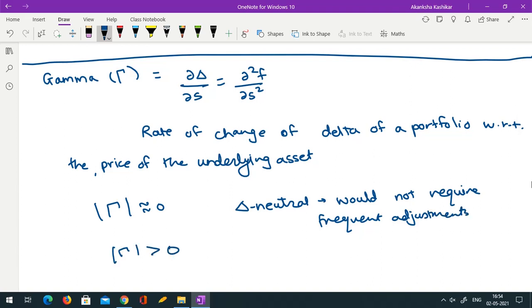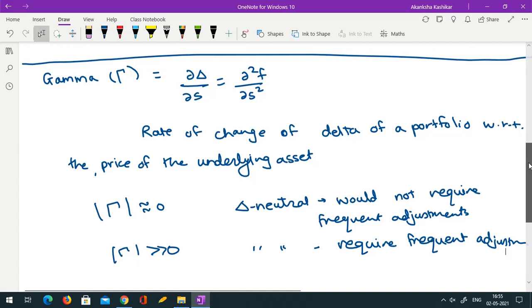Whereas if gamma is high, then a delta neutral portfolio would require frequent adjustments, because delta changes fast. Delta reacts quite sensitively to changes in the share price. So this would require frequent adjustments.